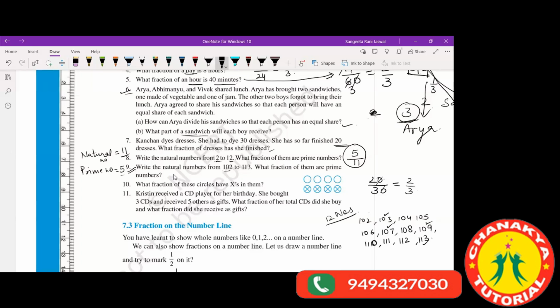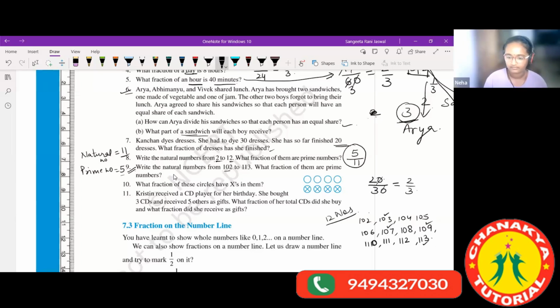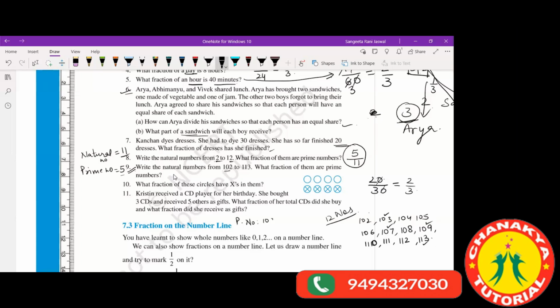If you try dividing with any other number, you will be able to do that. So these prime numbers are 4: 103, 107, 109, 113. You can please write down in your notebooks if you have not done. So these 4 numbers are prime.